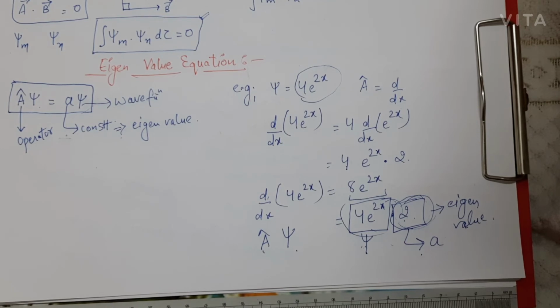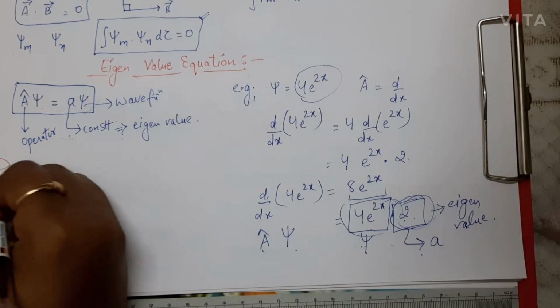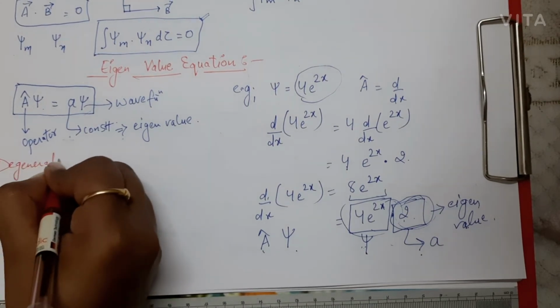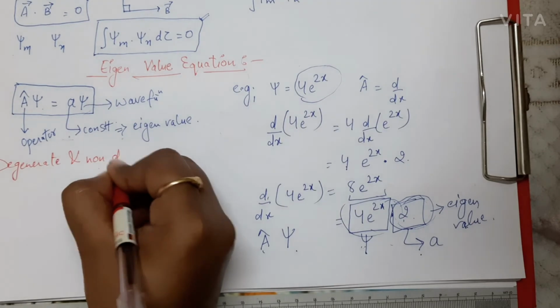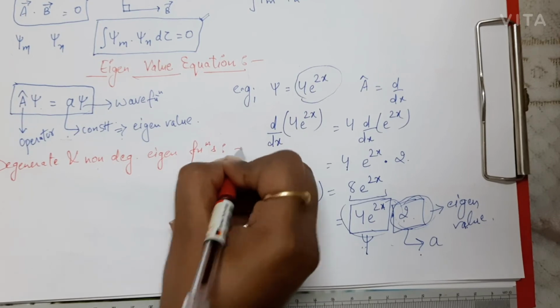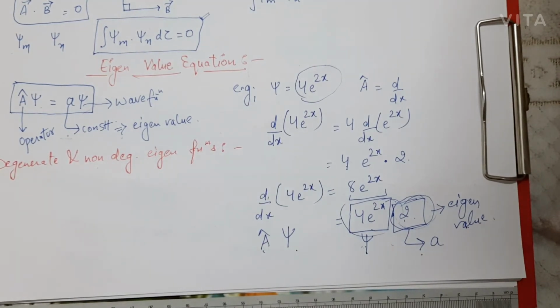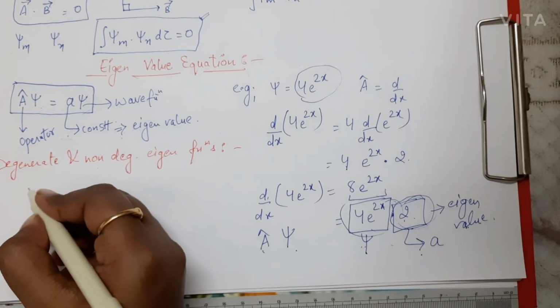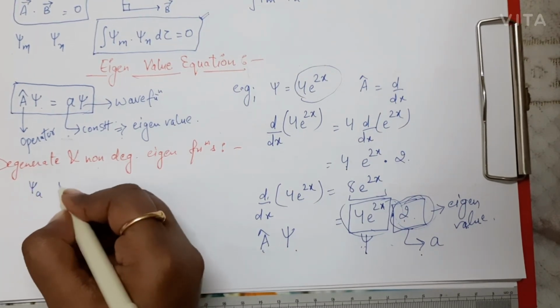Now after the eigenvalue equation, we will move on to the topic of degenerate and non-degenerate eigenfunctions. Now what are degenerate and non-degenerate eigenfunctions? So basically, suppose we have two wave functions psi a and psi b.